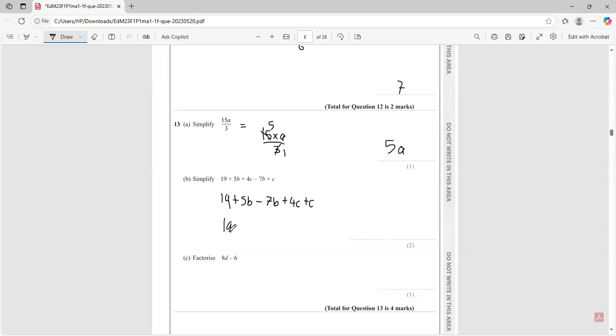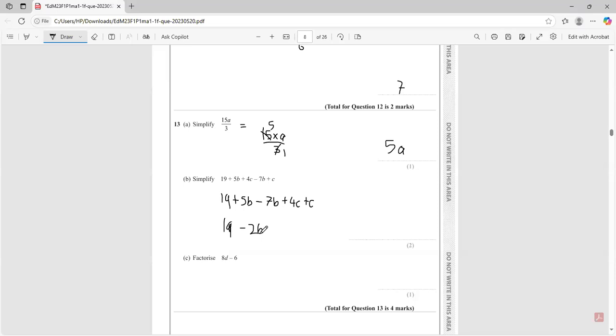5 minus 7 is what? Sorry, 5b minus 7b is minus 2b. Take note. You know why it's minus 2b, right? Because 5 is smaller than 7. Whenever you have a small number subtracting a bigger number, the answer will always be negative.